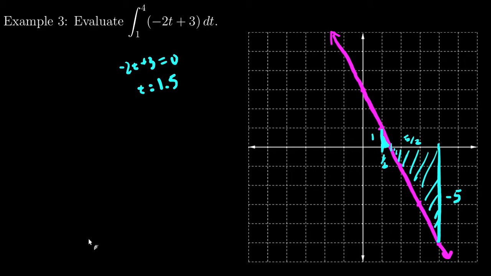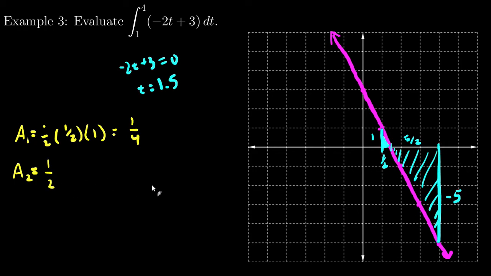Now this takes a little bit extra work, so I have two triangles. The first triangle, so area 1, is going to be 1/2, base is 1/2, height is 1, which is going to be 1/4. This triangle here, I can either use the magnitudes of these, 5/2 and 5, or I can use this -5.